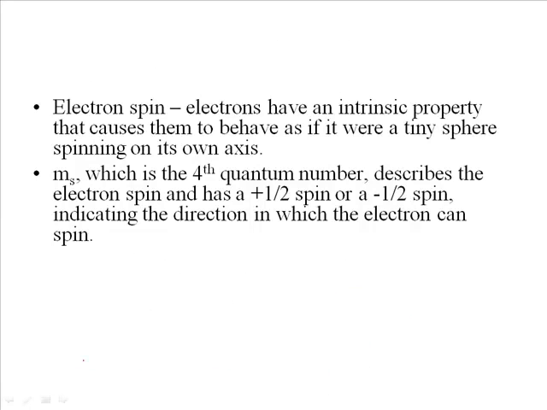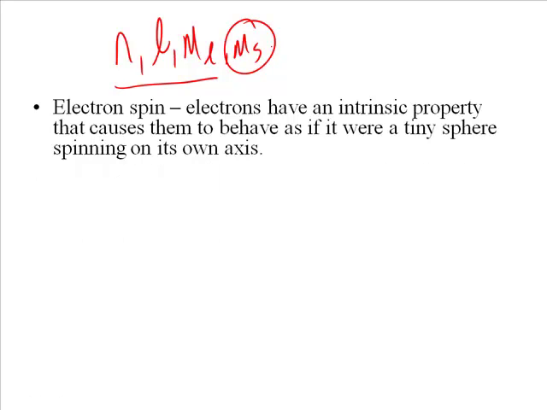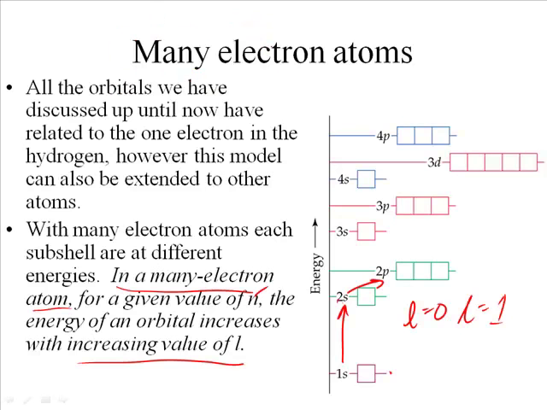Okay, and so our last quantum number, remember we had n, l, m sub l, and m sub s. These three we've talked about. This one we have not. That last one just tells us the spin. In each of these orbitals, we've got all these spaces here where we can have one electron spinning in a positive way, one electron spinning in a negative way.